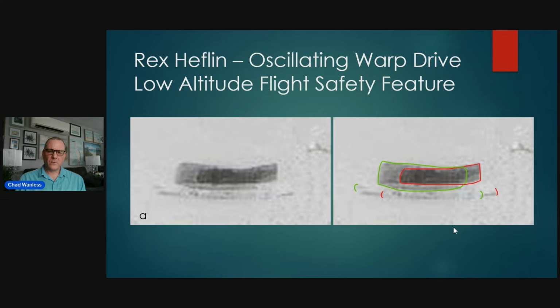So highlighted in green is the UAP in its original configuration, not being affected by the spatial warp bubble, and then highlighted in red is this drawn out, warped, smeared version where it is being affected by the warp bubble. The photograph was taken and the aperture was open long enough that the warp drive switched from on to off during the capture of that aperture opening.